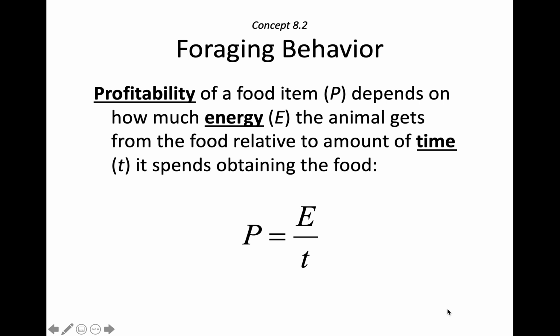But profitability is equal to energy divided by time, where again the P is equal to profitability, E is equal to the net energy, and T is equal to the time spent on obtaining and processing that food resource.